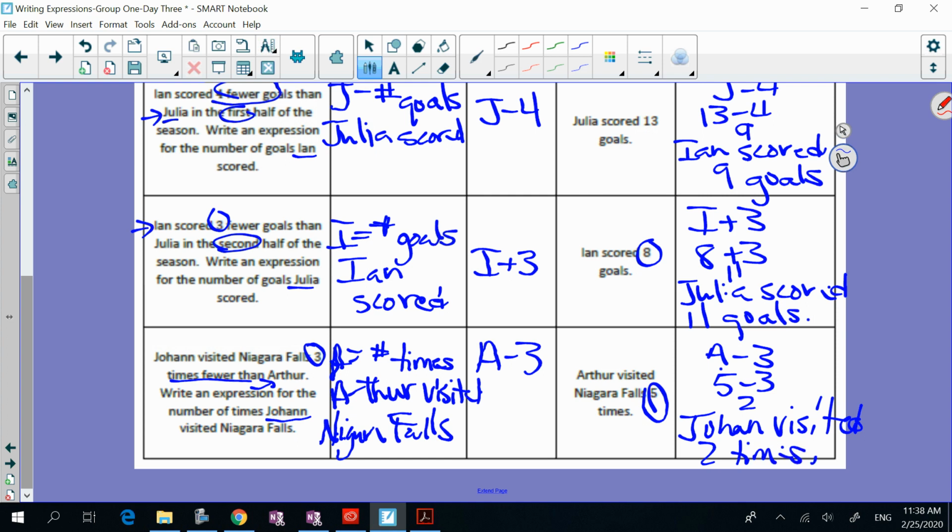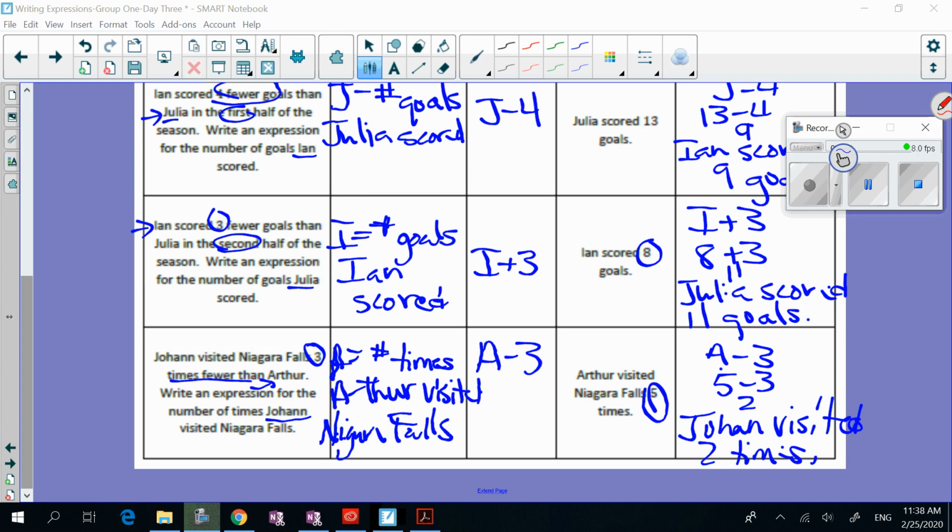Yes. I don't know why, but I thought that if it said fewer, then I would add. Depending on how you're looking at it, that's part of the problem. You've got to say, what is it I don't know? Put that back into the situation and figure out how do I go from there to the other piece. In this case, Arthur is what I'm looking at.